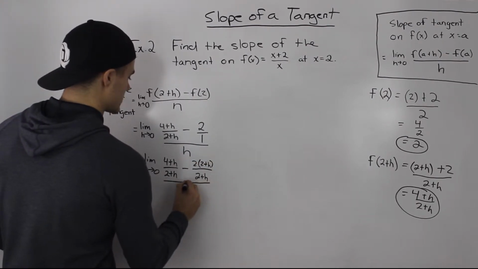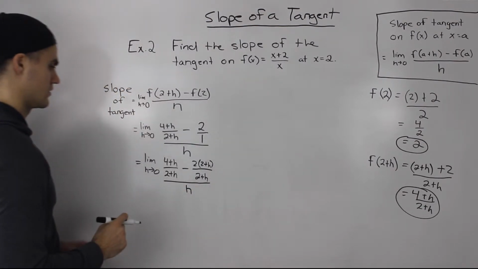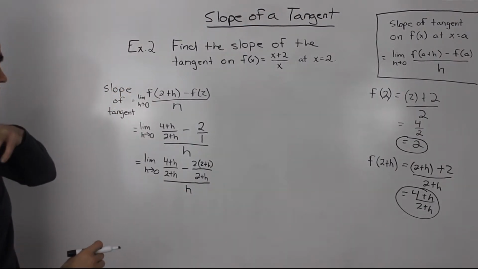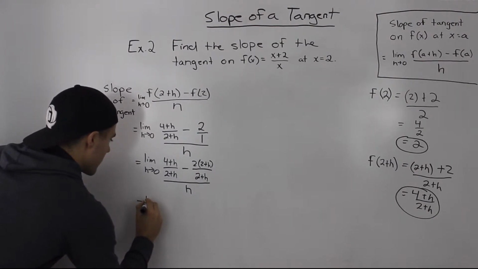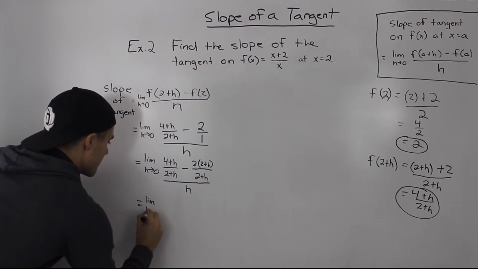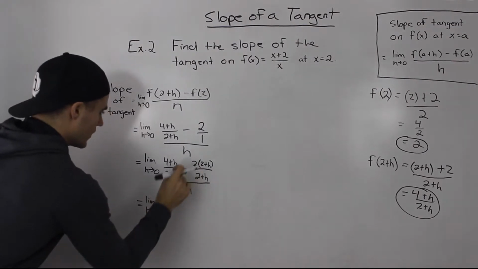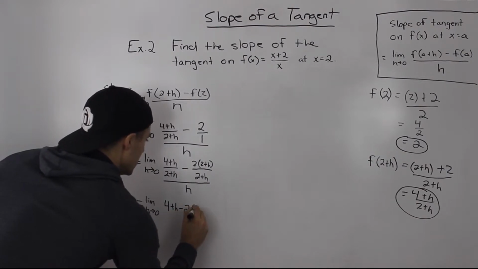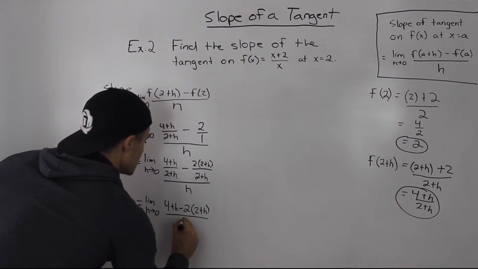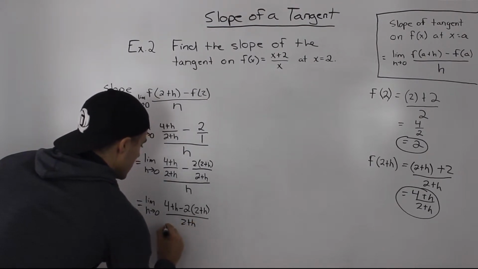And that's still all over h. Let's put the numerator into one fraction here. So we'll have 4 plus h minus 2 times 2 plus h, all over the common denominator 2 plus h, all over h.